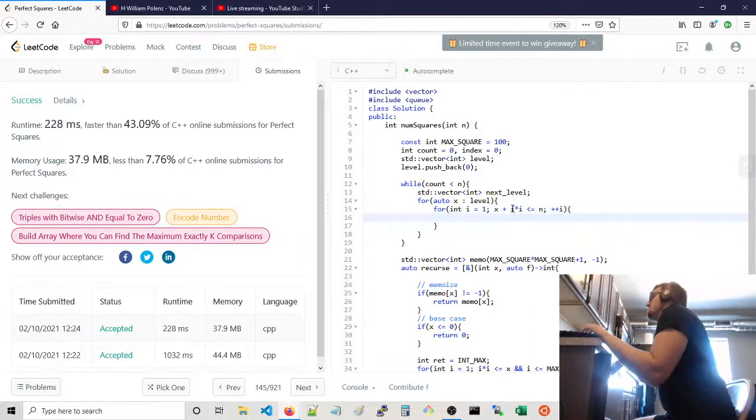I'm going to say int new val equals x plus i times i.